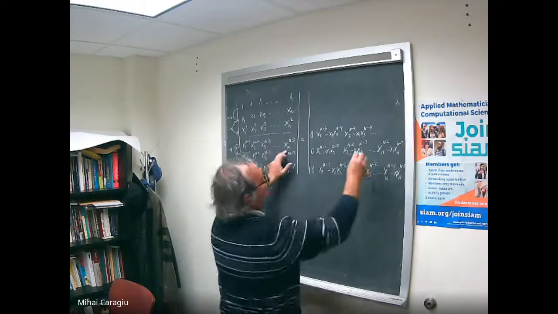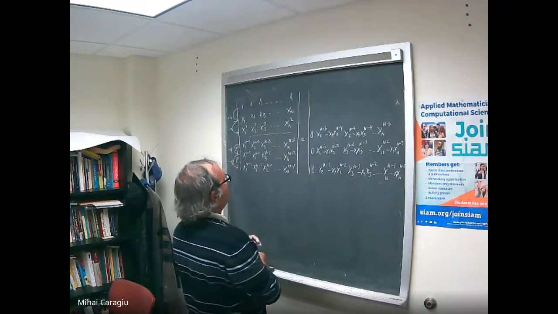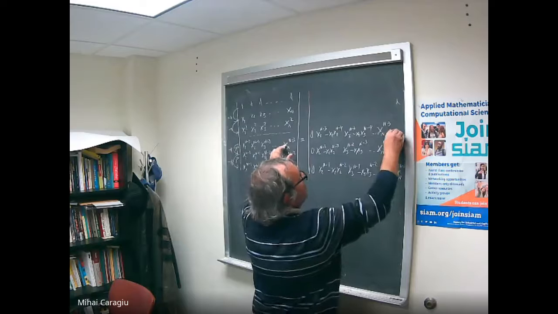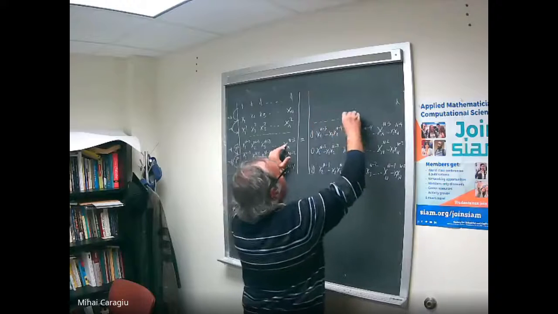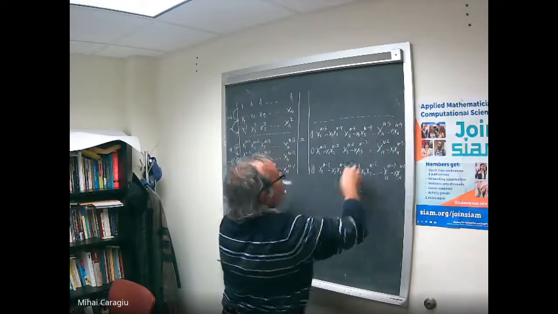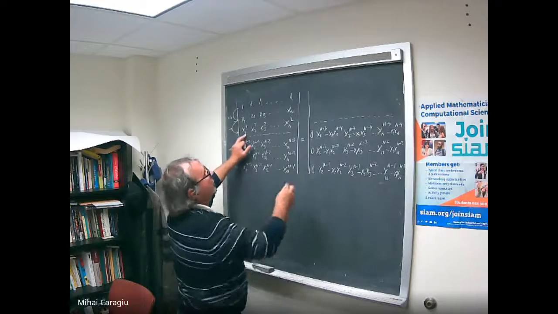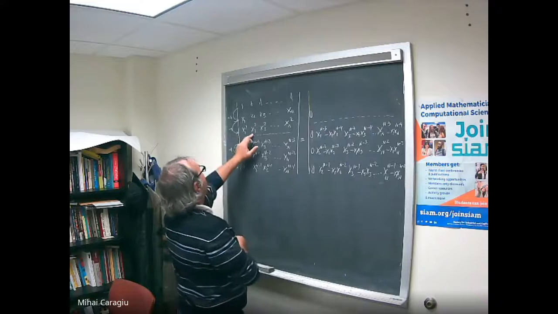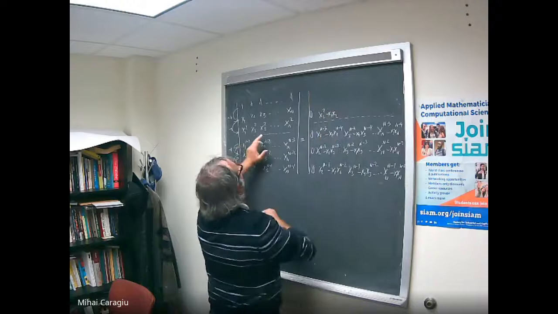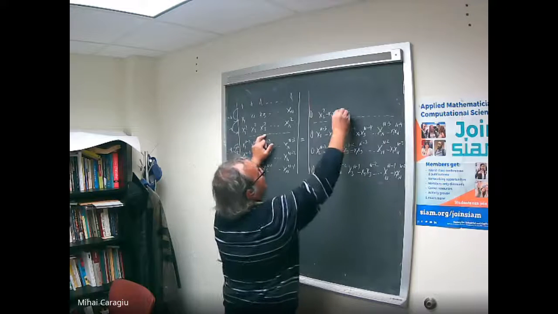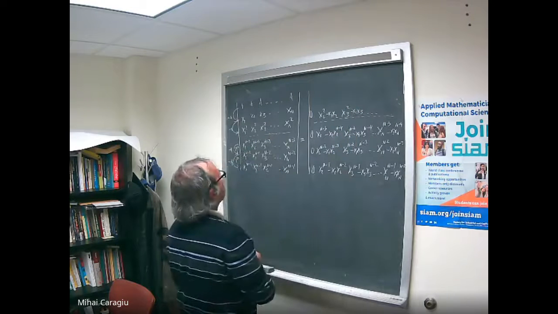The last one, xn to the power n minus 3 minus x1 xn to the power n minus 4. And so on. Let's concentrate now on the structure of the rows at the top: 0, x2 squared minus x1 x2, x3 squared minus x1 x3, and so on until xn squared minus x1 xn.